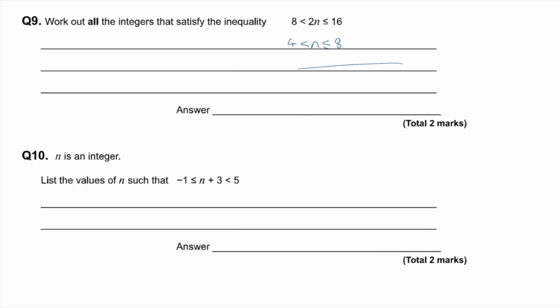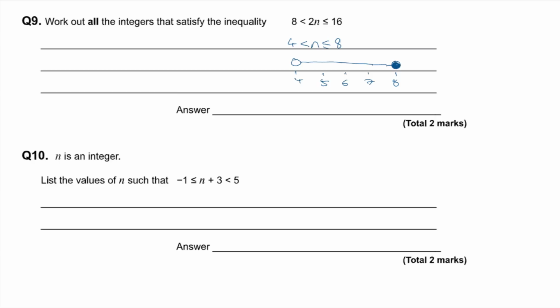So you imagine it on the number line, 4, 5, 6, 7, 8, then you'd have one of these things going from 4 up to 8, wouldn't you, to show it? And because 8 is part of the range, we fill it in, and because 4 isn't, because n has to be strictly greater than 4, it's left open.